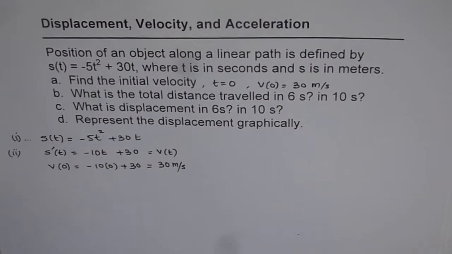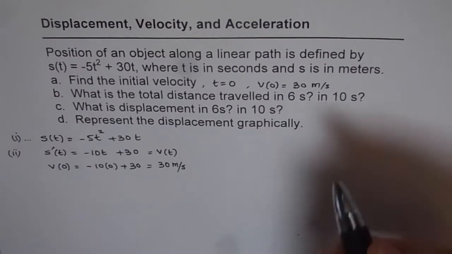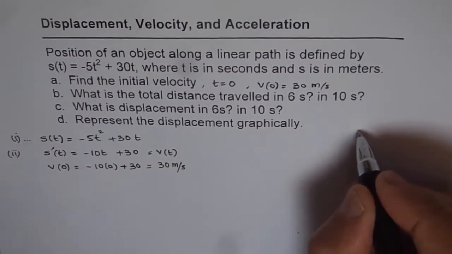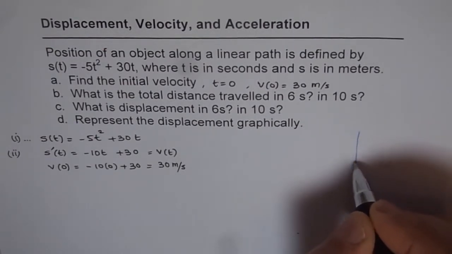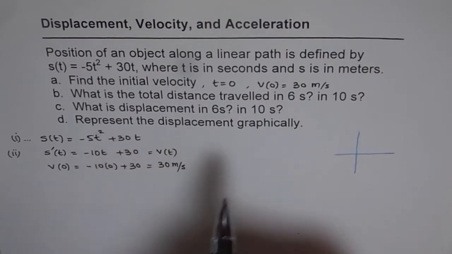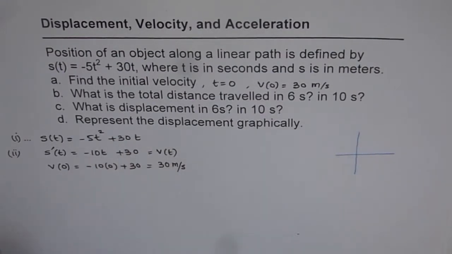So what I will do now is I'll quickly move on to part D, so that we have a graph on the side and we understand what's going on. So I'm just leaving space here, and we are moving on to a part which is trying to show this displacement on a graph so that it becomes easier for us to understand what we are trying to do.